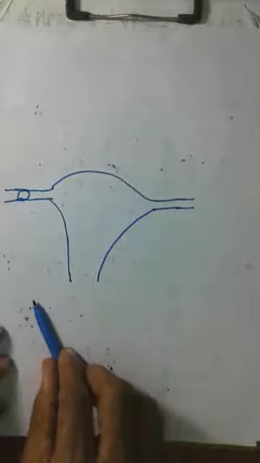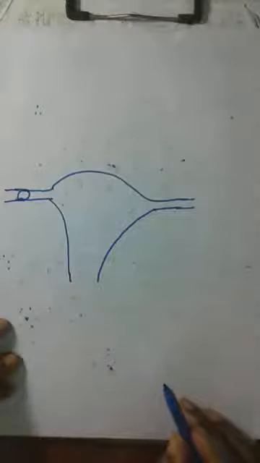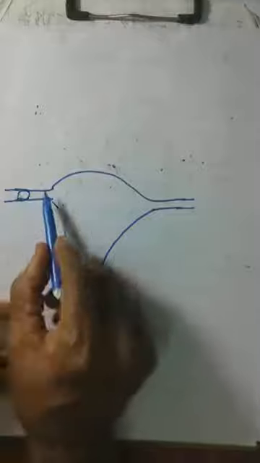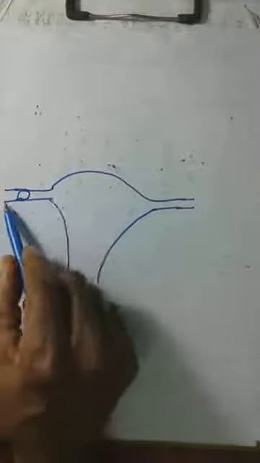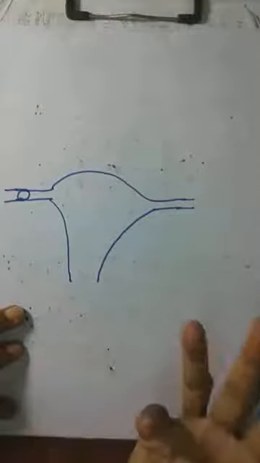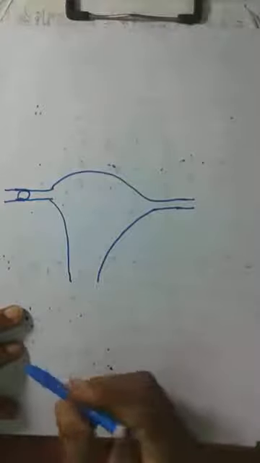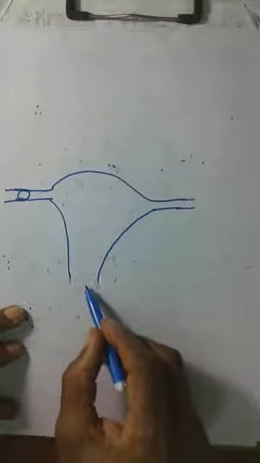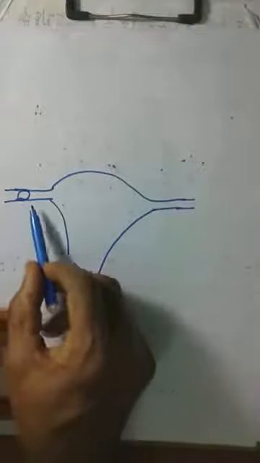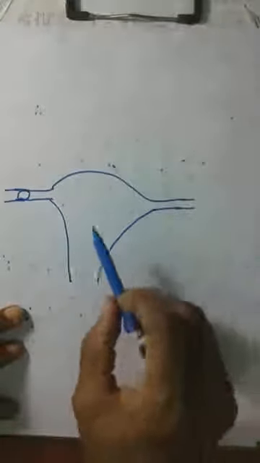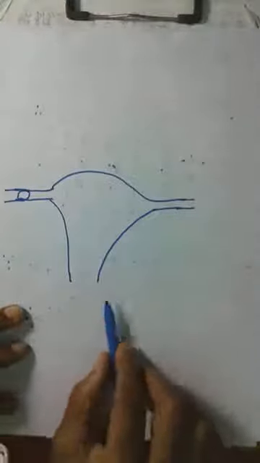That will be a very complicated issue, and that is what is called ectopic pregnancy. Ectopic means out of position. It can be sometimes in the cervix also, or out of the uterus also. In those cases also it is called ectopic pregnancy.